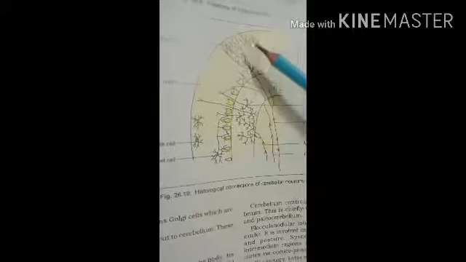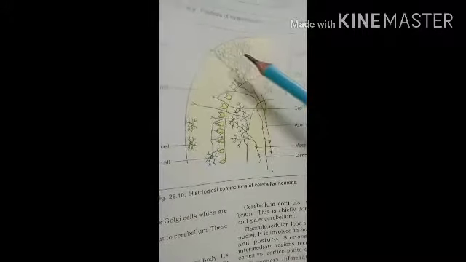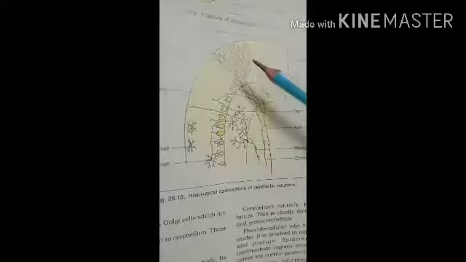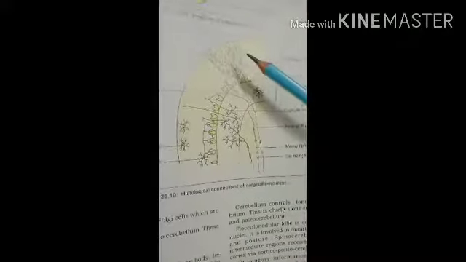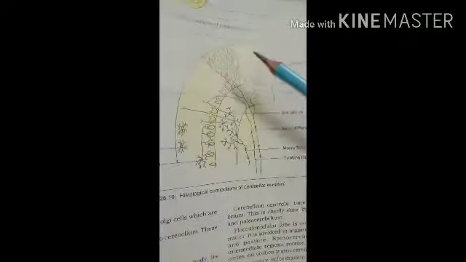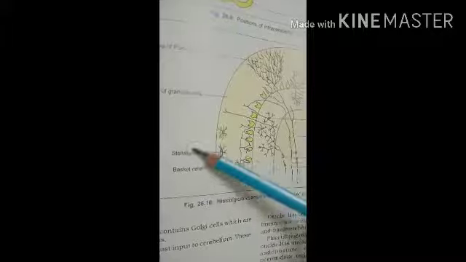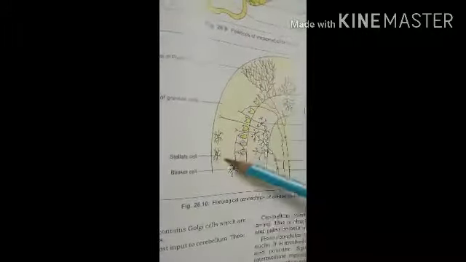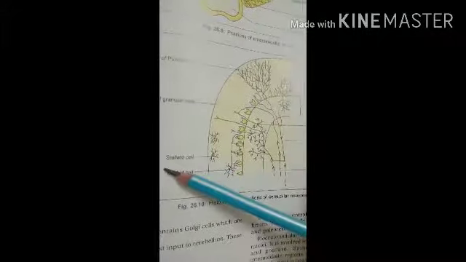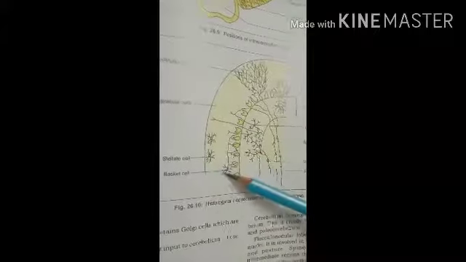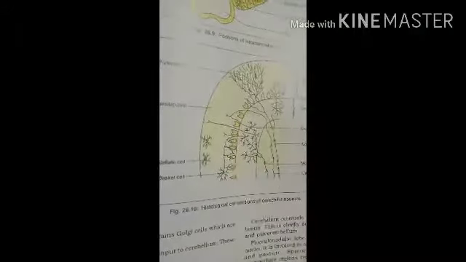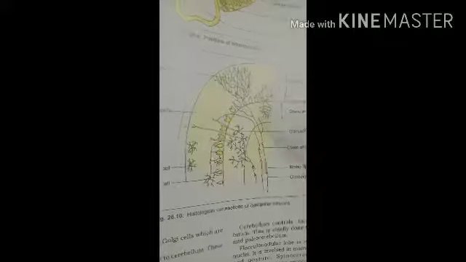In this layer, the dendrites of the Purkinje cells are present, and a few nerve cells are also present. The nerve cells are of two types, the basket cells and the stellate cells.